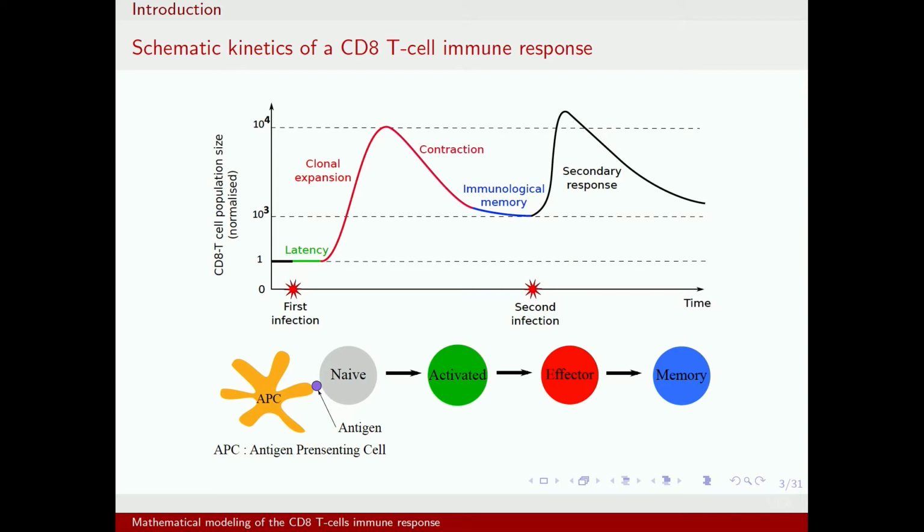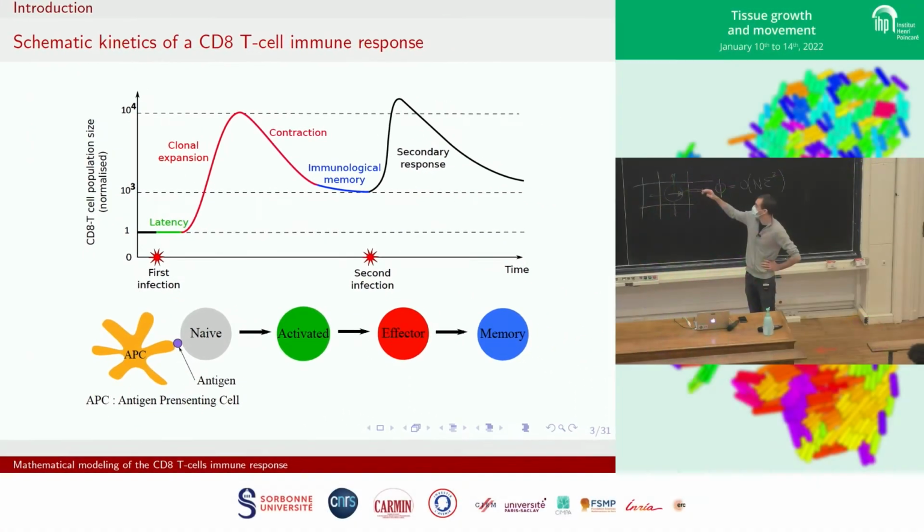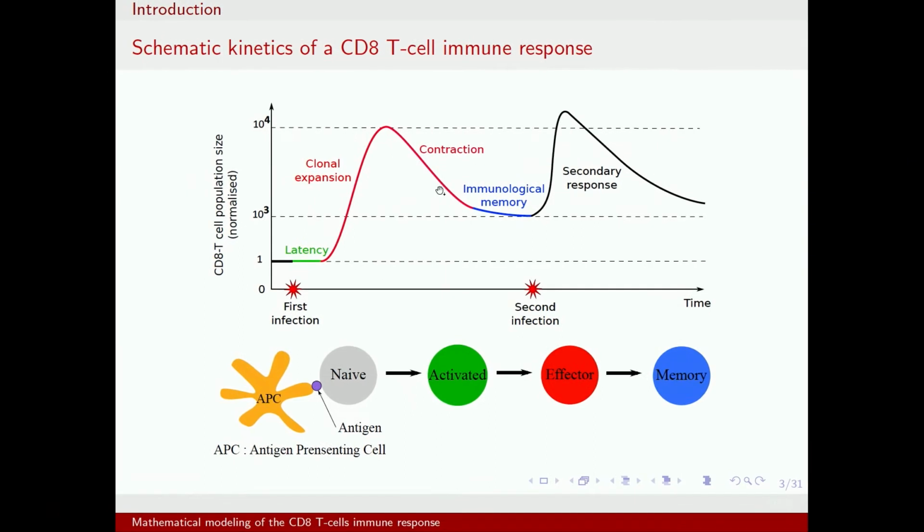So once activated, the CD8 T cells start to proliferate very quickly during this clonal expansion phase here, and they differentiate into what we call effector cells that are able to fight the infection by killing infected cells. And after a few days, most of those cells, approximately 90% of those cells, die during the contraction phase.